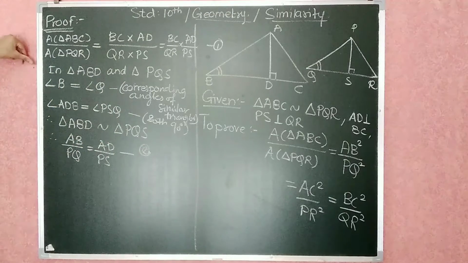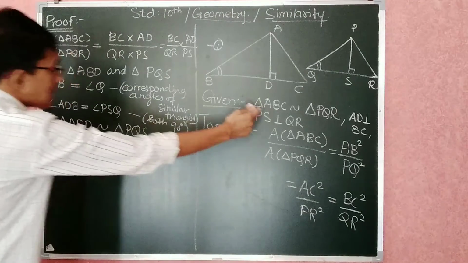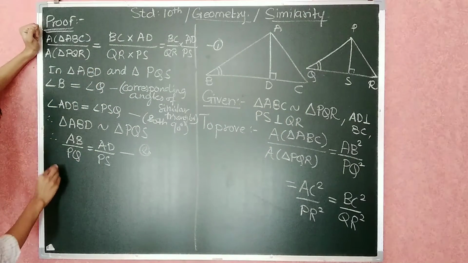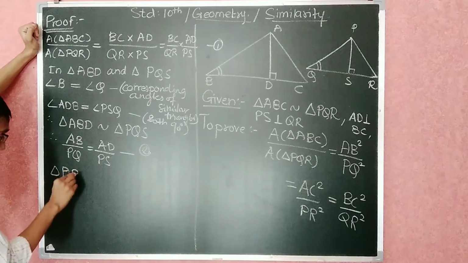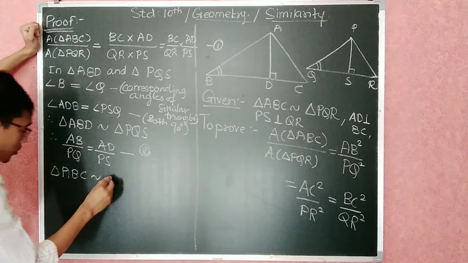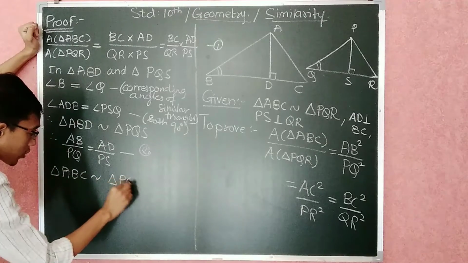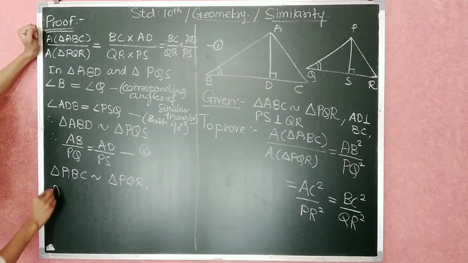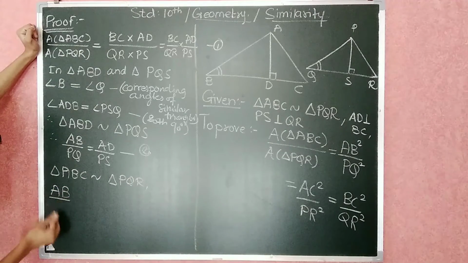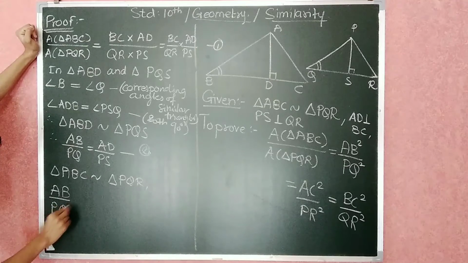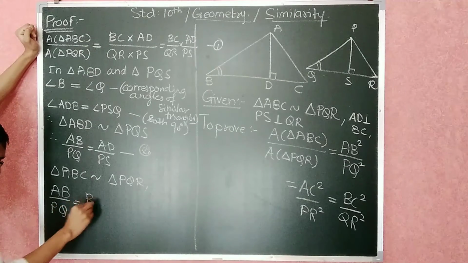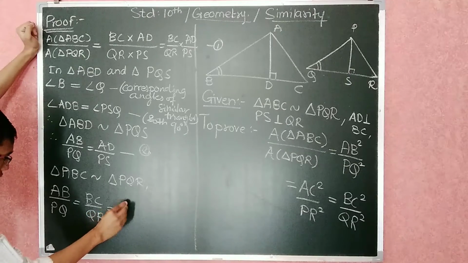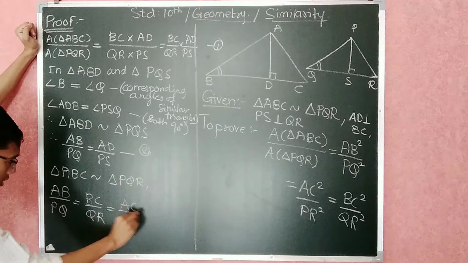Then as we have been provided with the given data that triangle ABC is similar to triangle PQR, we can write AB upon PQ is equals to BC upon QR is equals to AC upon PR.